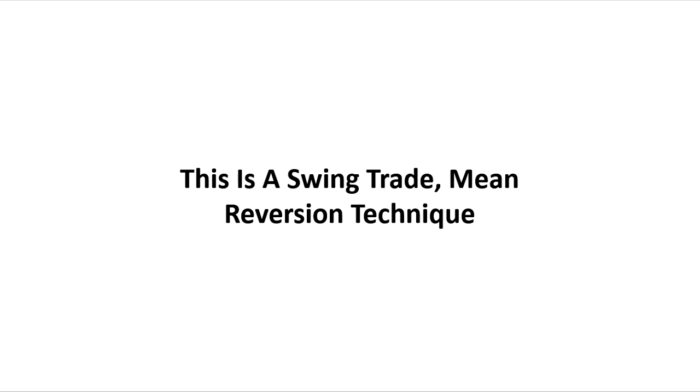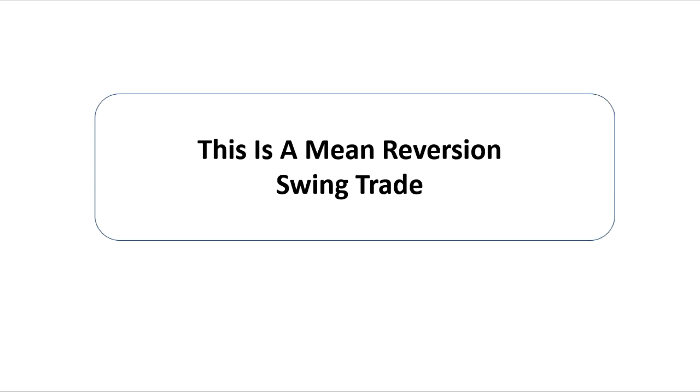But this is going to capitalize on these little short-term reprieves or contrarian trades, as one of my mentors like to call them. So it is a mean reversion technique, and it is considered a swing trade. This technique can be used either bullish or bearish.